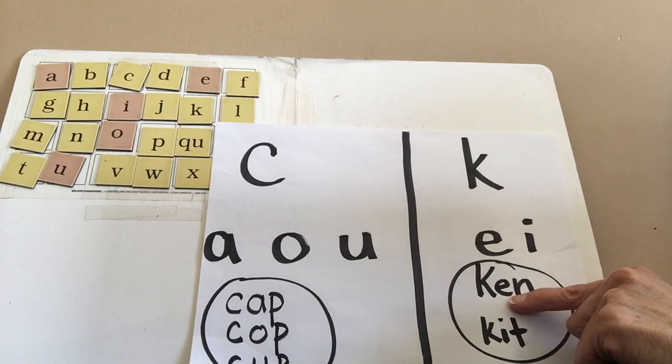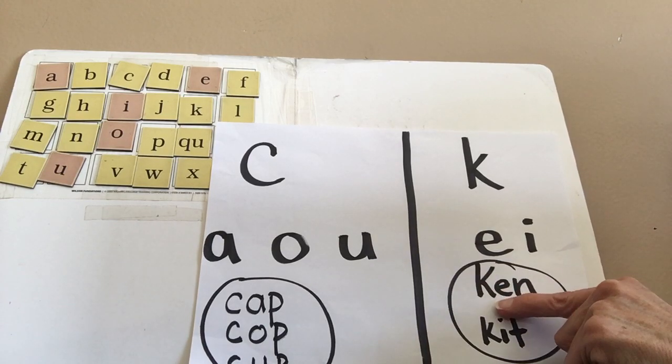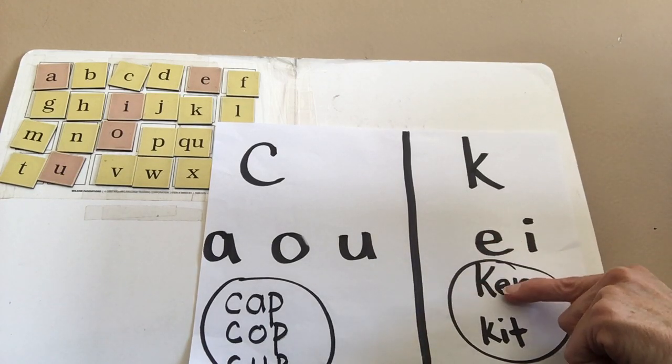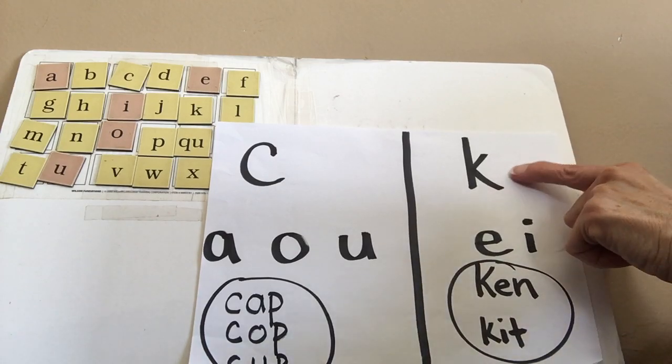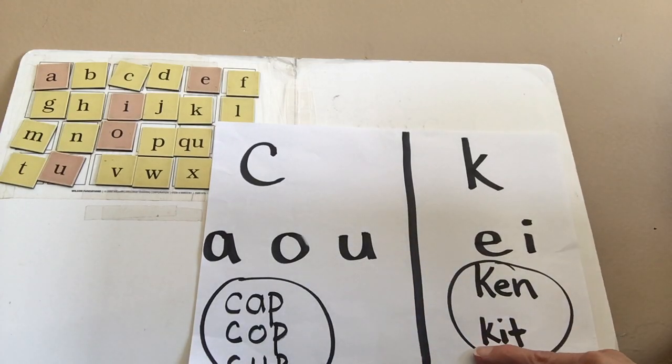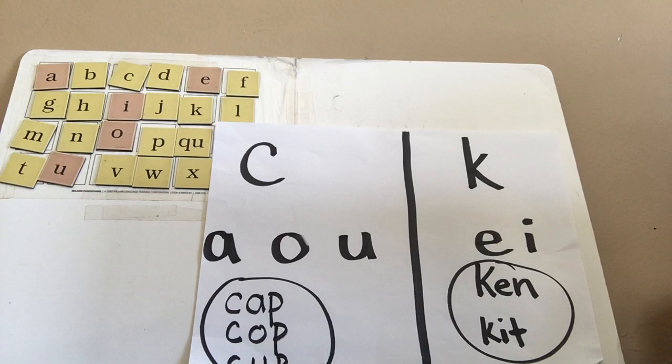Ken's a guy's name, so it's a capital K. We have short E, so we begin with a K. And here, kit. We have short I, so we begin with a K.